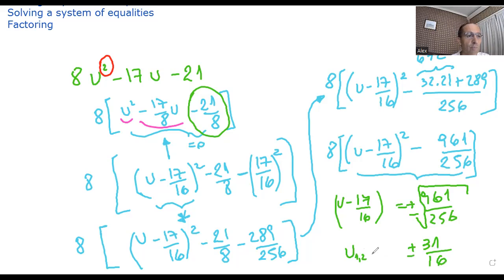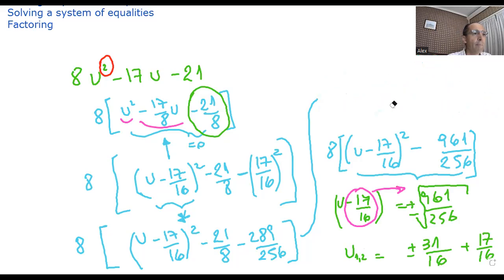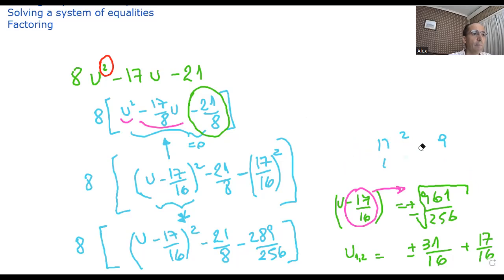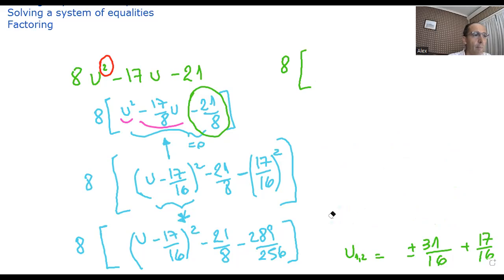U1, 2 are the roots 1 and 2, with this plus 17 by 16, which is this other term that we are sending to the other side, changing the sign. So we can check from here what the roots could be.